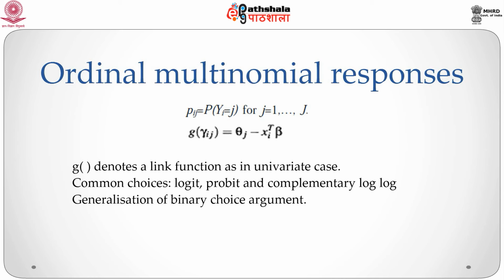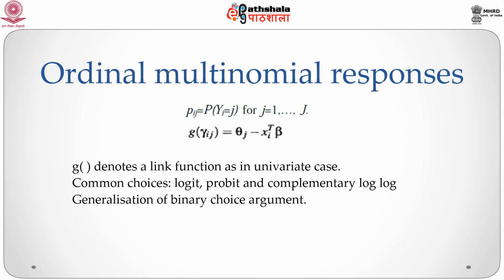So for example, if we assume that along with the y's and the x's, there is also an underlying, which is unobserved but underlying nevertheless, continuous variable z, and that y_i equal to some little j is observed only if z_i lies between two cutoffs, say theta_(j-1) and theta_j.